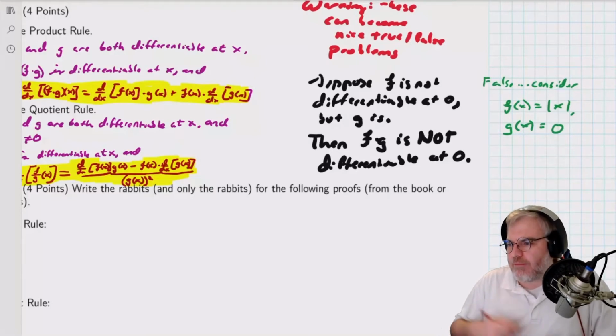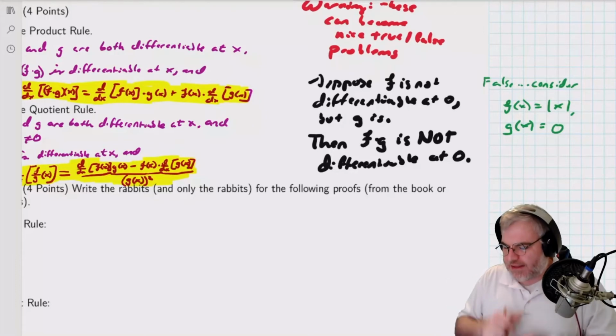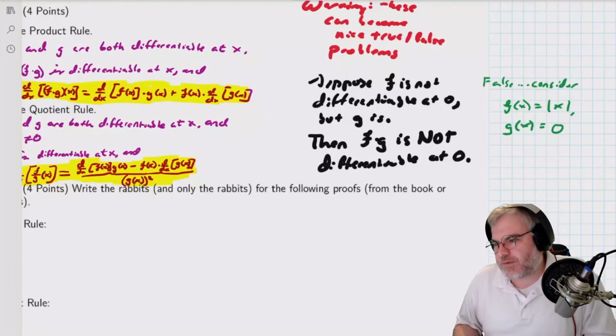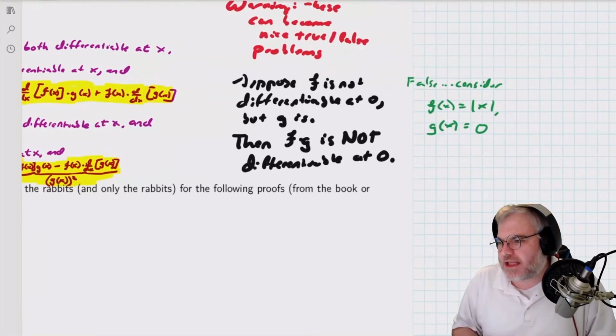I multiply 0 times the absolute value of x. That's just the flat line, and that's perfectly differentiable at 0. So if I don't meet the conditions, I can't say anything.